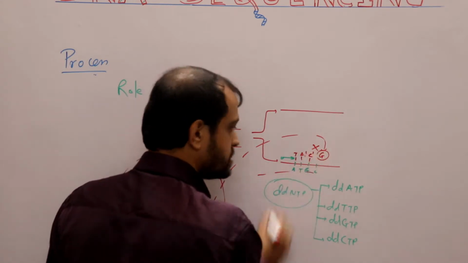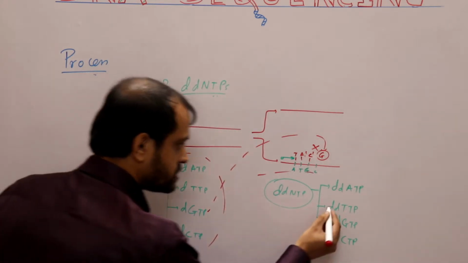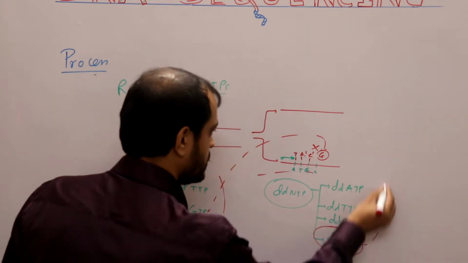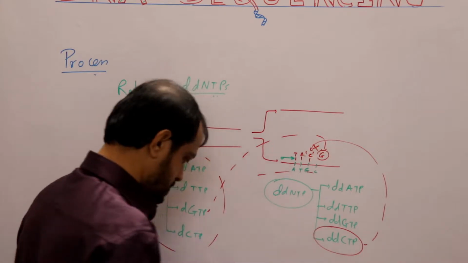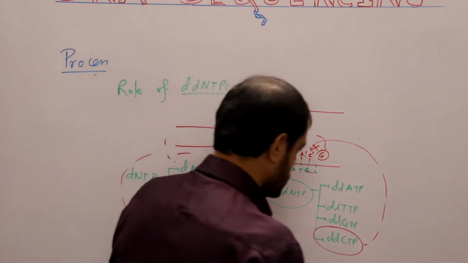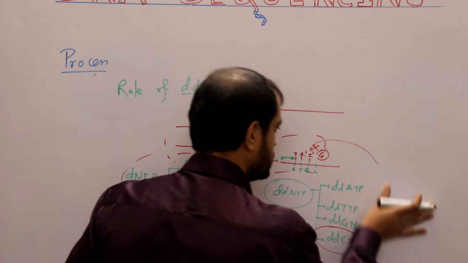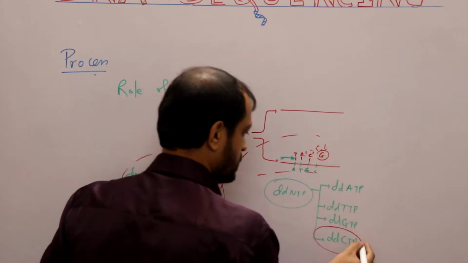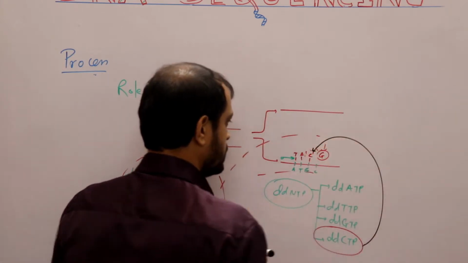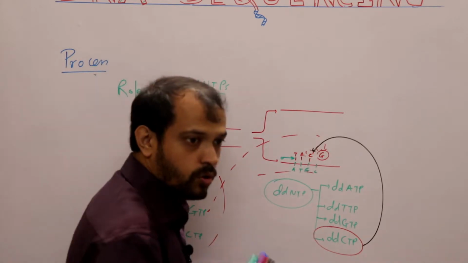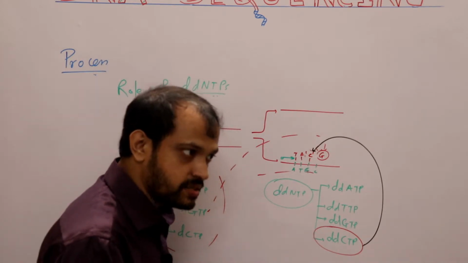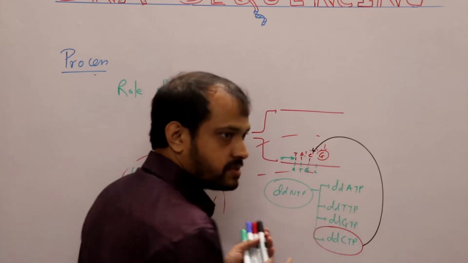Suppose this C is ddCTP and it has come here. Then and there, no further nucleotides will be added in this particular section.